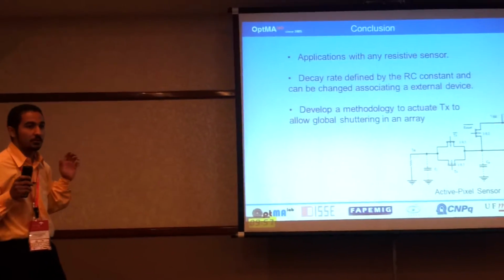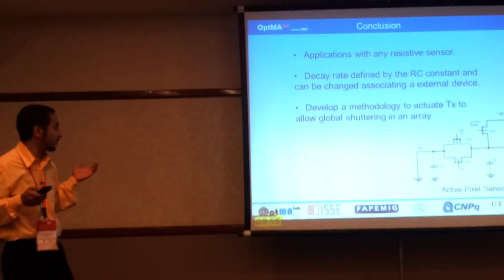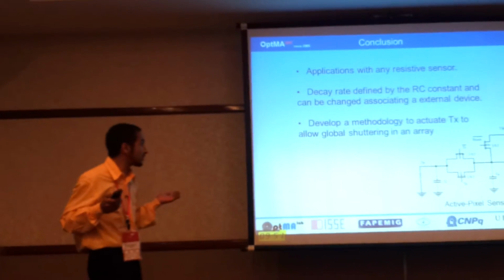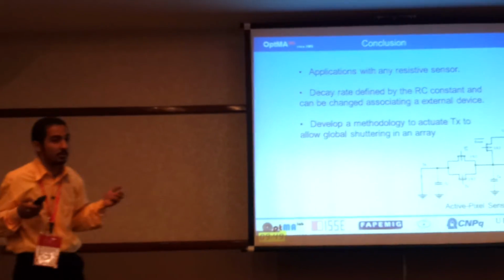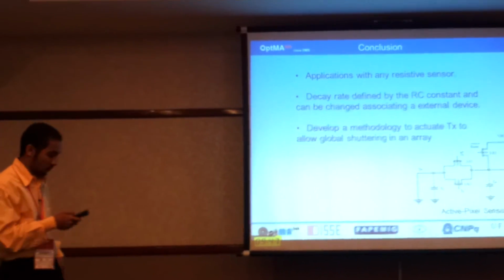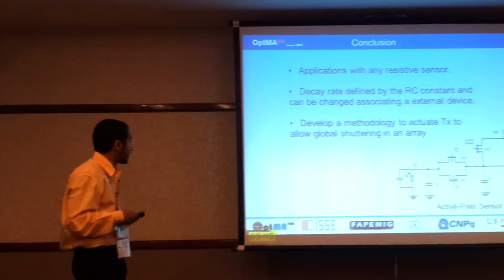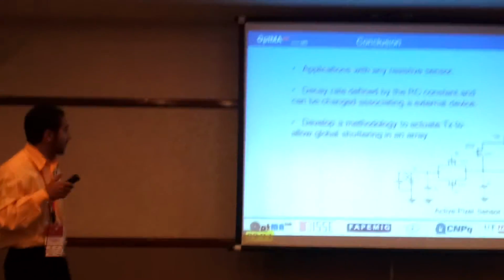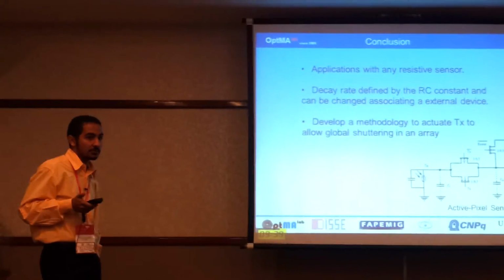So we can use this with any resistive sensor or any device that changes resistivity with some environmental variable. The decay rate is defined by the RC constant.